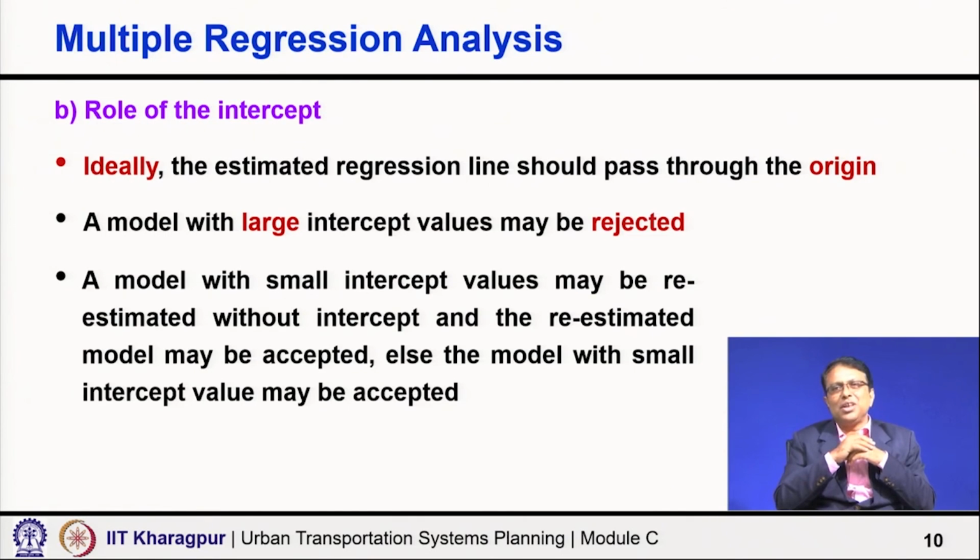We want to select a model without compromising other fundamental things, like signs should not be wrong, and the coefficient estimates should be statistically significant. Those things we cannot compromise, but without compromising those, we would obviously prefer a model where the intercept is smaller or lower as compared to others.